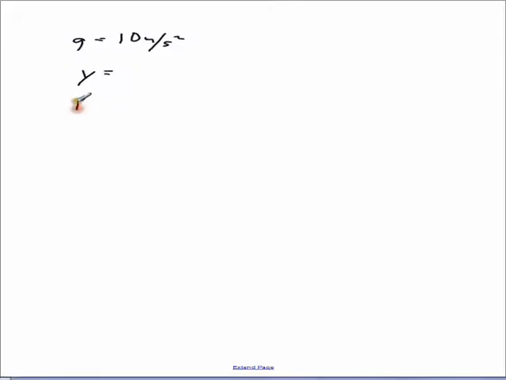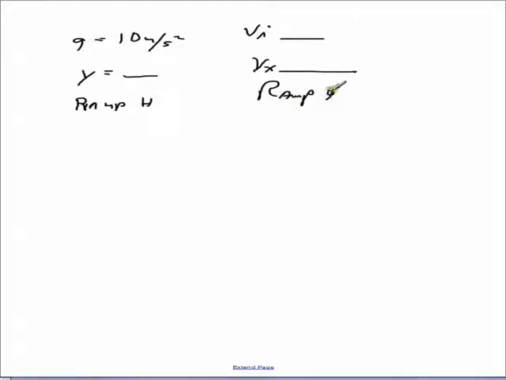Our ramp height, you're going to measure. Ramp H, you measure. VI, you calculate it as we just did. Vx, you calculate as we just did. And the ramp angle, you calculate as we just did.